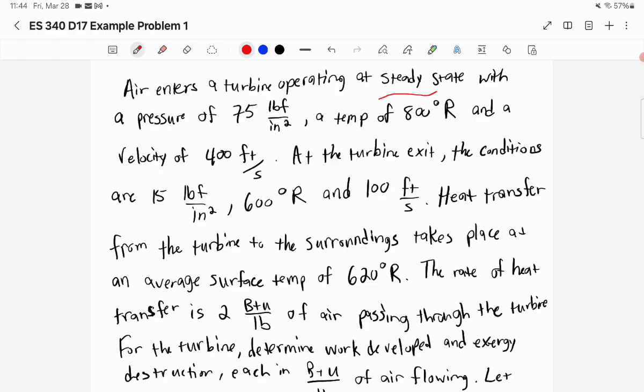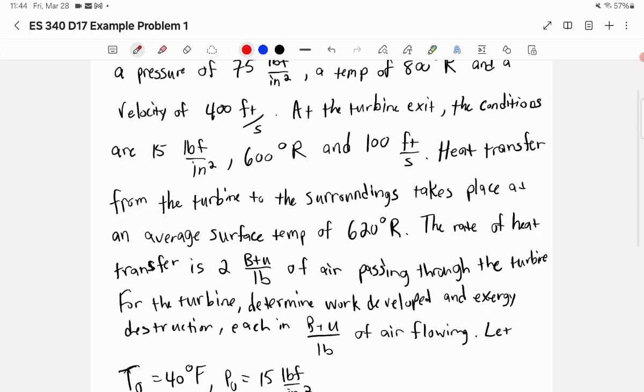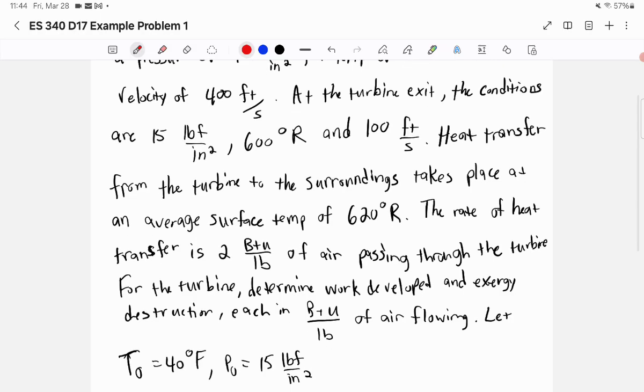At the turbine exit, the conditions are 15 pound-force per inch squared, 600 degrees Rankine, and 100 feet per second. Heat transfer from the turbine to the surroundings takes place at an average surface temperature of 620 degrees Rankine. The rate of heat transfer is 2 BTUs per pound of air passing through the turbine.